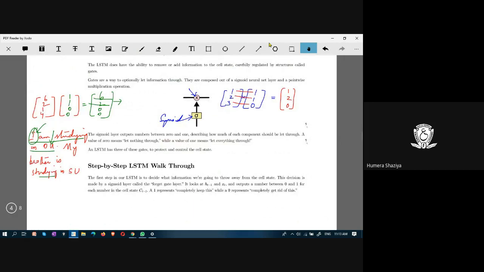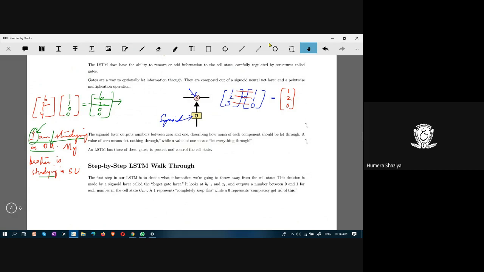Here, this is the input vector. This is the vector that decides what contextual information to be written. Whatever information you want to pass on, there you will find ones. The information which you would like to forget, there you will have zeros. If you multiply zero with any number, the output will be zero.